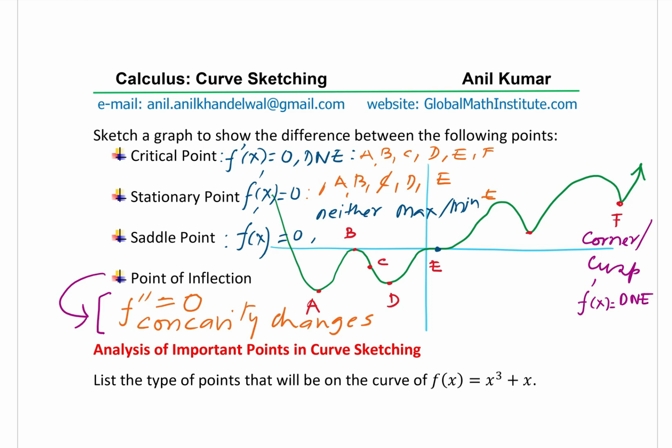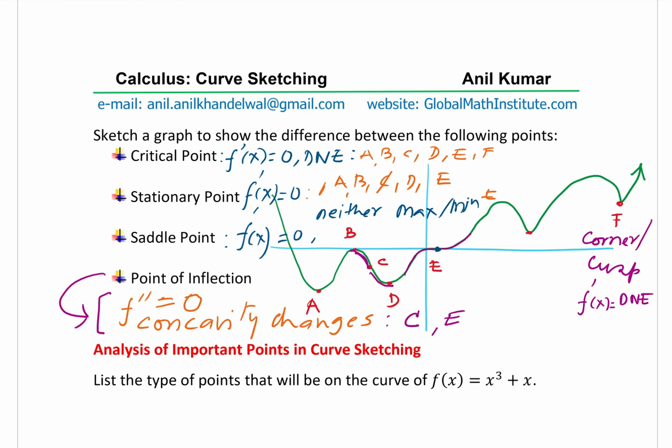If you see, the points which qualify are C and E. Here the concavity is changing, going from concave down to concave up, right? And at E also, it is from concave down to concave up. So both these points are points of inflection.